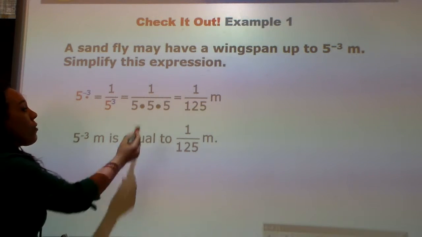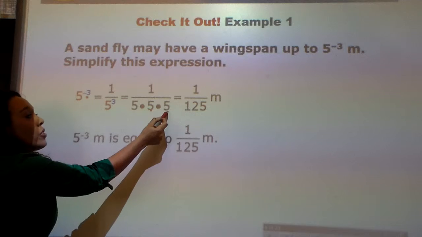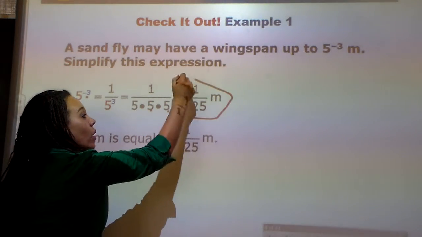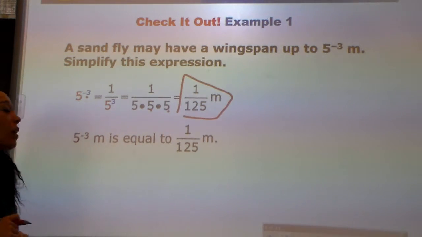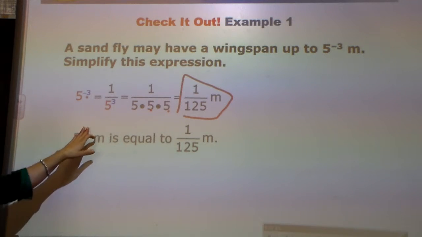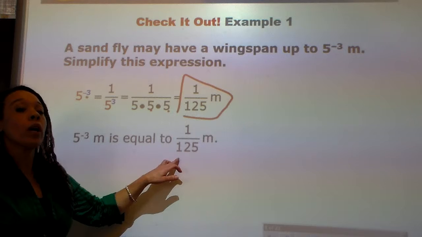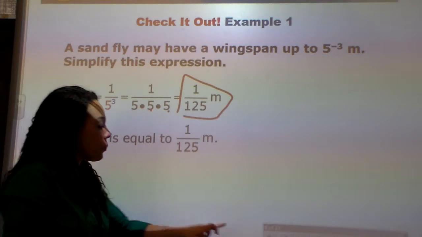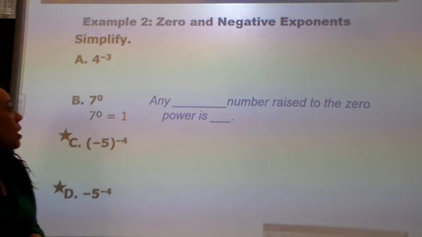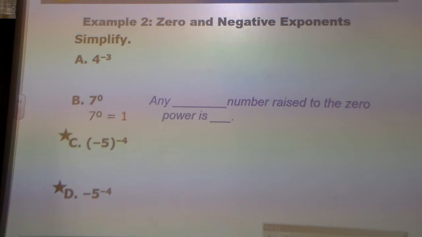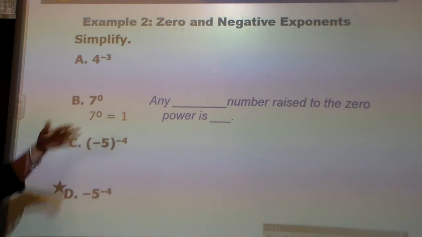And then I just solved it. 5 times 5 times 5 is 5 to the 3rd. So that's how we get 1 over 125. So 5 to the negative 3rd meters is equal to 1/125 meters.